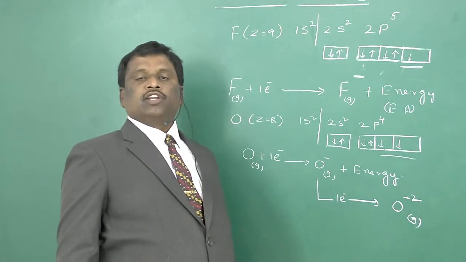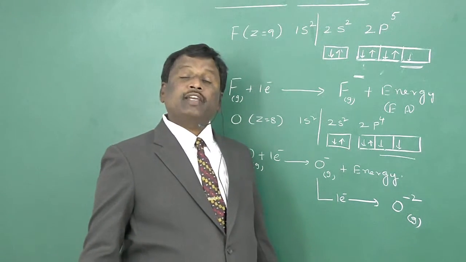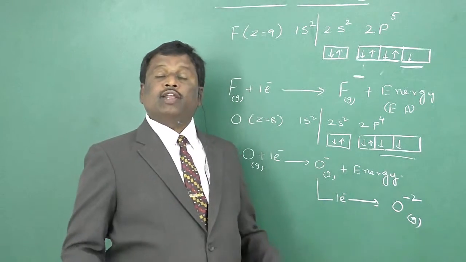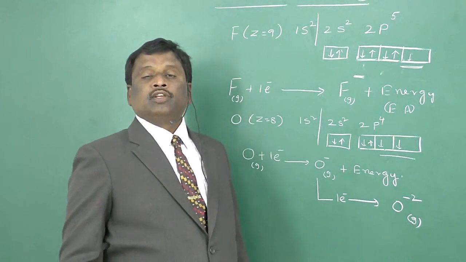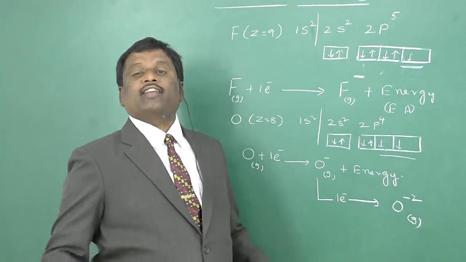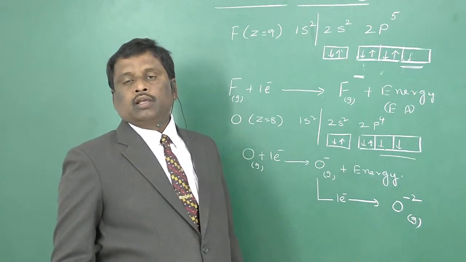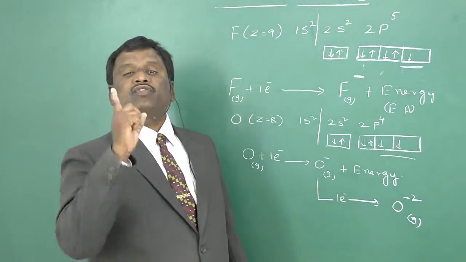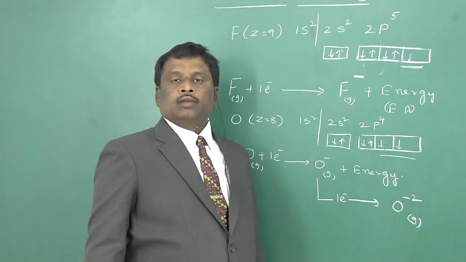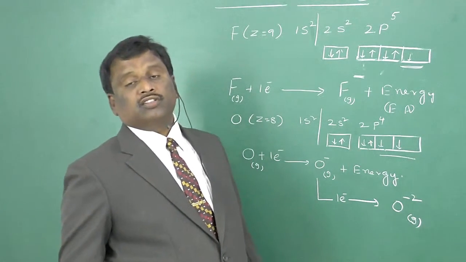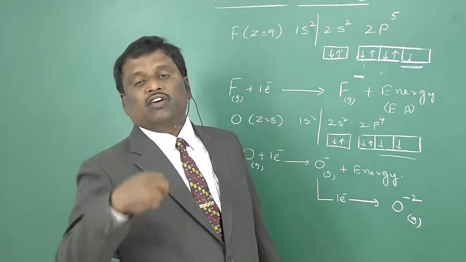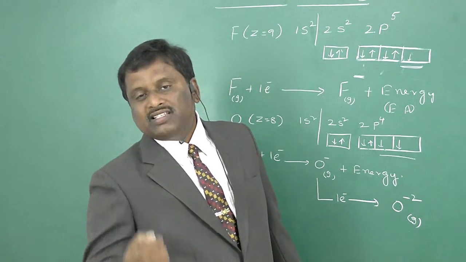That means, generally in electron affinity, what will we expect? If an atom accepts an electron, energy is released. So, electron affinity is exothermic or exoenergetic. It is exoenergetic only for the first electron, but for the subsequent electrons, instead of releasing energy, energy is absorbed.